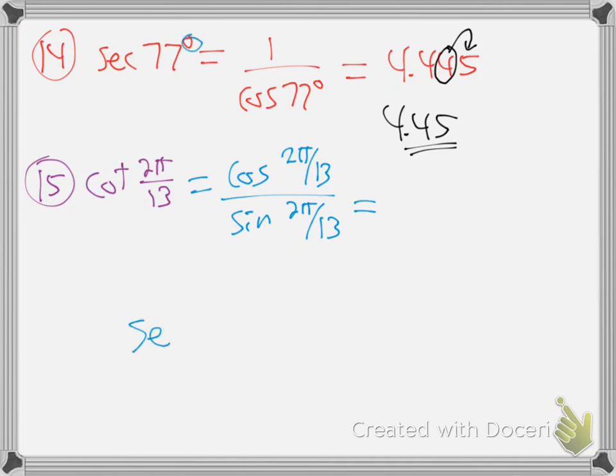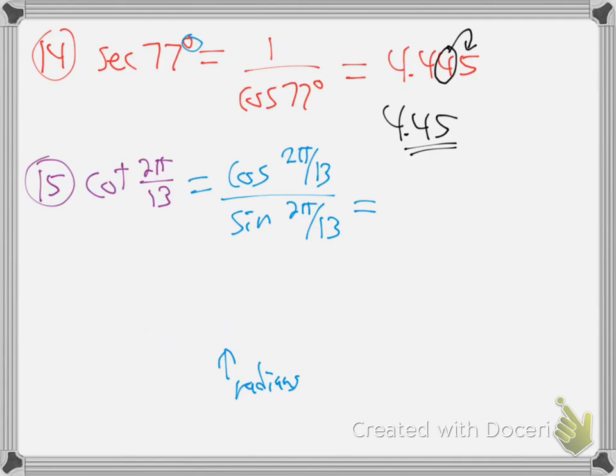In other words, if they asked me secant of 77 and didn't put a degree symbol, then that would be radians. It doesn't have to have a pi. It's just whether it has the degree symbol or not. That's the indicator. They almost always have a pi for radians, so we can get fooled by that. So watch out. If it has the degree symbol, it's degrees. If it doesn't, it's automatically radians, even if it doesn't have a pi.